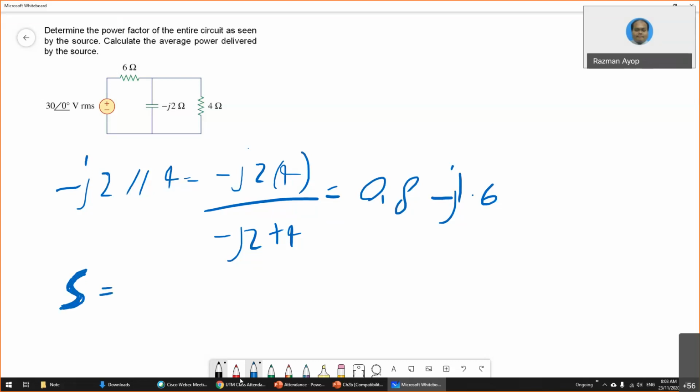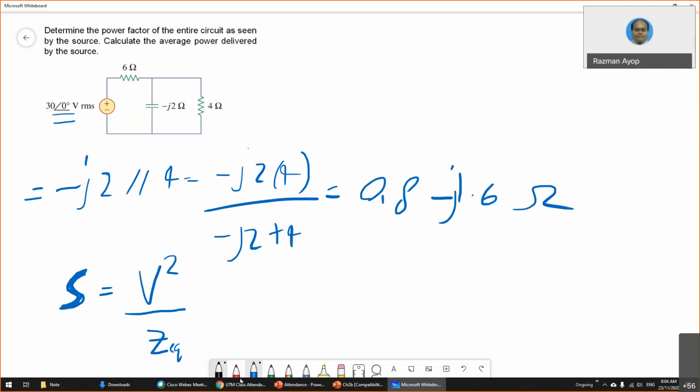Then you have an impedance and a voltage source. So just use the formula V squared, V is the magnitude only, divided by Z equivalent.